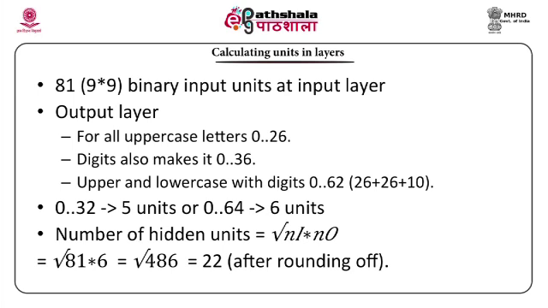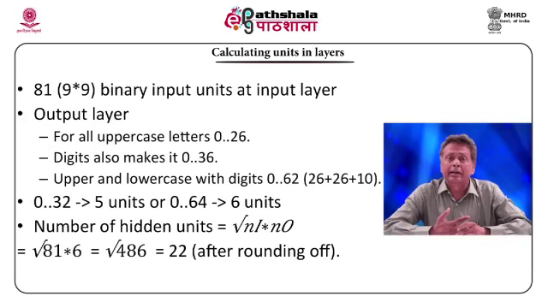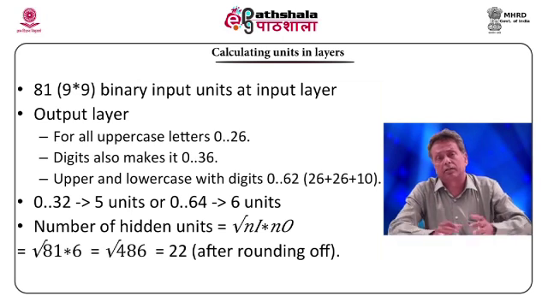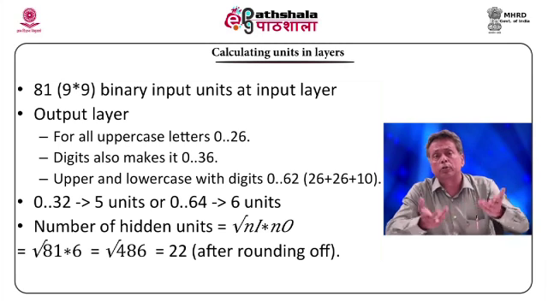It begins with 81, as 9 into 9, total inputs. Every input of A will use 9 into 9, total 81, so that is x1 to x81 provided as information. Every A contains 81 inputs. Obviously, I want to identify not only A, but if I am interested in finding all uppercase letters, it is A to Z, that means 26.